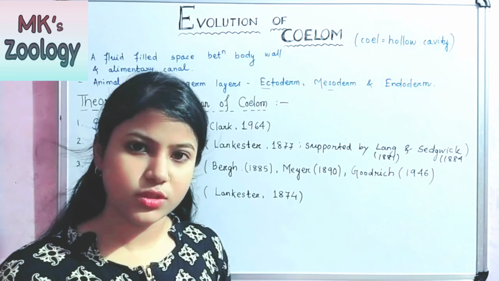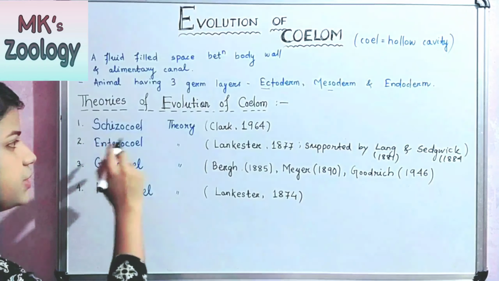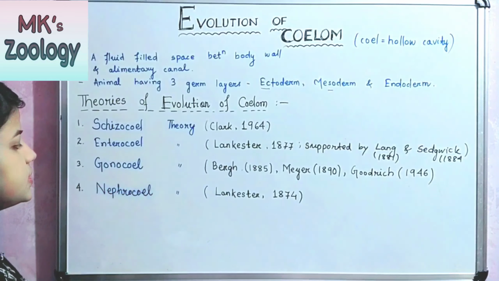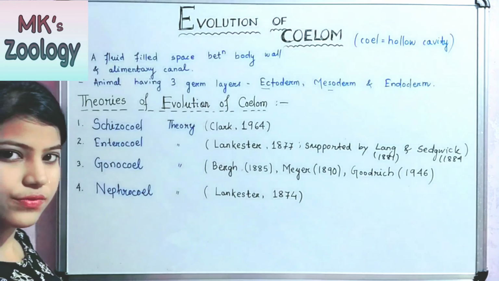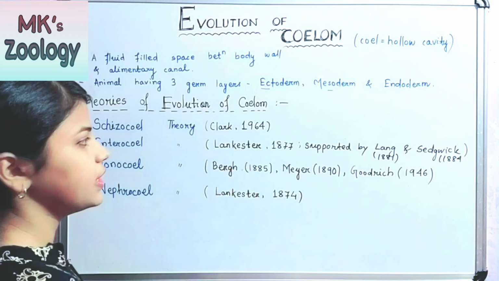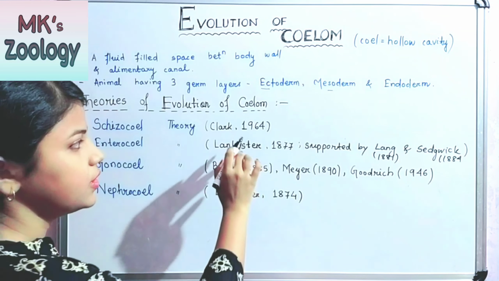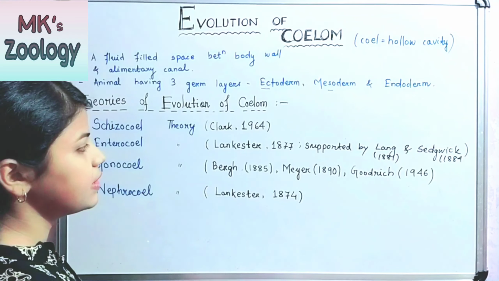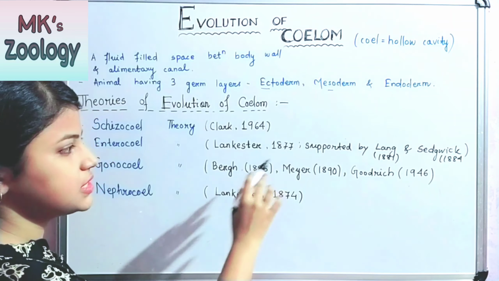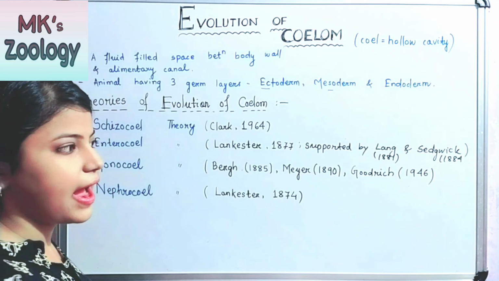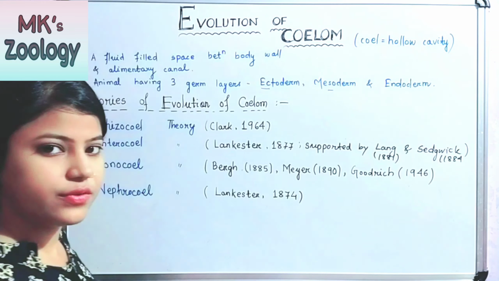So there are four theories. First one is schizocoel theory, second one is enterocoel theory, third one is gonocoel theory, and the fourth one is nephrocoel theory. The schizocoel theory was given by Clark in 1964, and the enterocoel theory was given by Dunster in 1877 and supported by Lang in 1881 and Sedgwick in 1884.